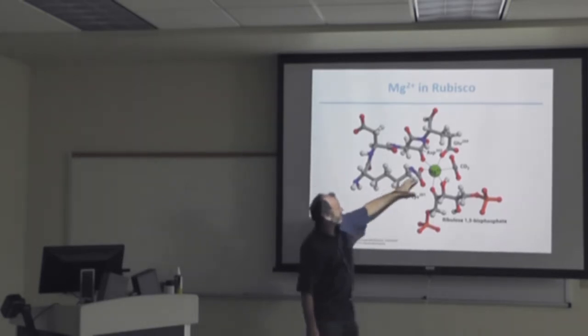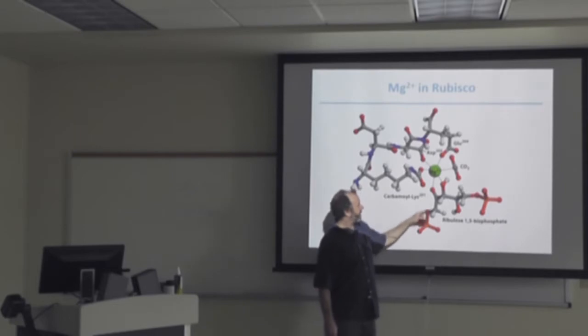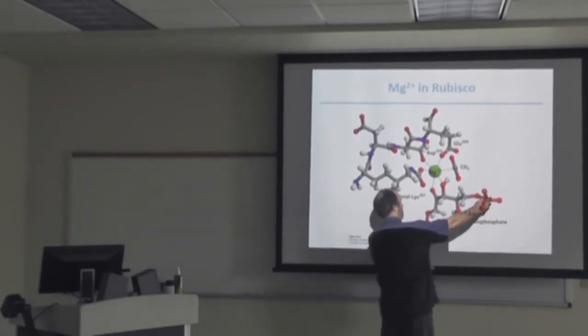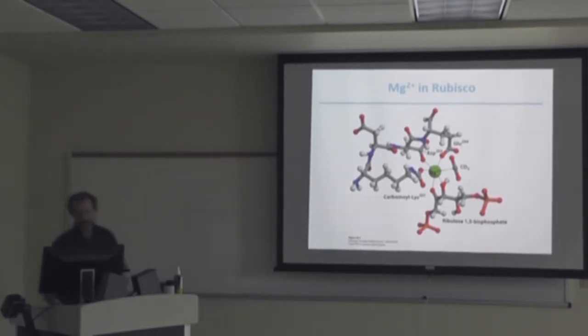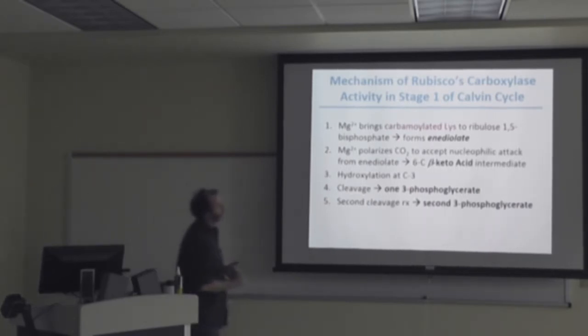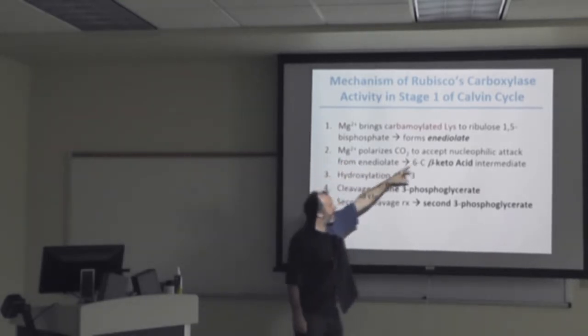The carbamoyl lysine coordinates with that magnesium, and it draws in the carbon dioxide. And the ribulose 1,5-bisphosphate, you can tell these are the phosphates down here, are all attracted to that positive charge on the magnesium. The magnesium brings the carbamylated lysine to the ribulose 1,5-bisphosphate and forms an enediolate.